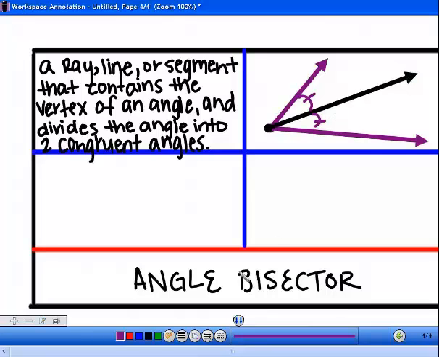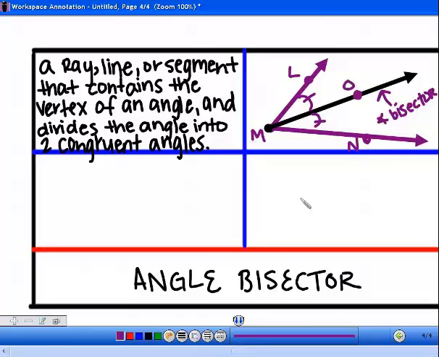So if this purple angle is cut in half by this ray, then that ray is an angle bisector, because it cut this angle in 2 equal parts at the vertex. And you may read a statement in math terms that would read like this. Let's name some points on here so we can come up with this statement.